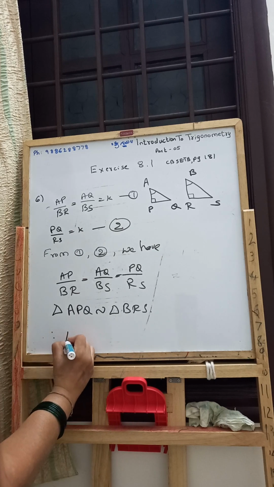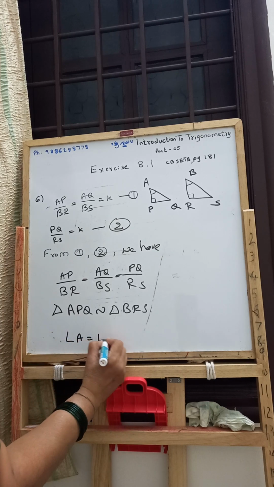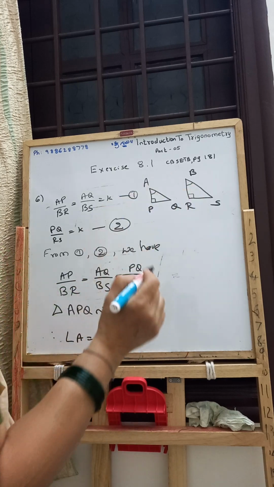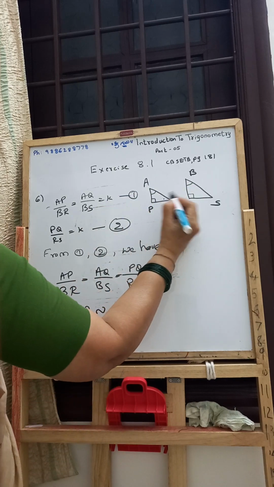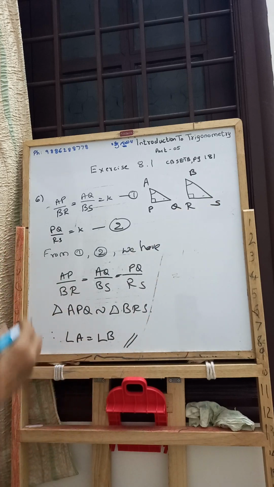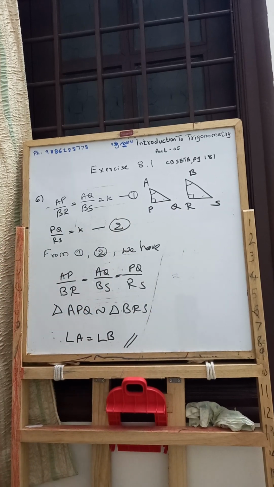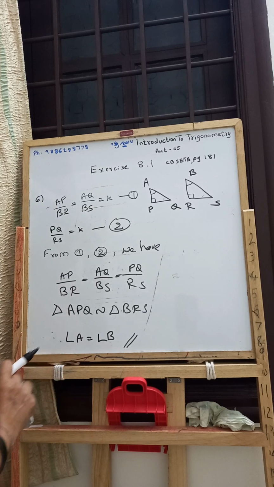Angle A is equal to angle B. This angle is equal to this angle. And similarly, this angle is also equal to this angle by the theorem. When the sides of two triangles are proportional, then the triangles are similar. When the triangles are similar, corresponding angles are equal. Therefore, angle A is equal to angle B.